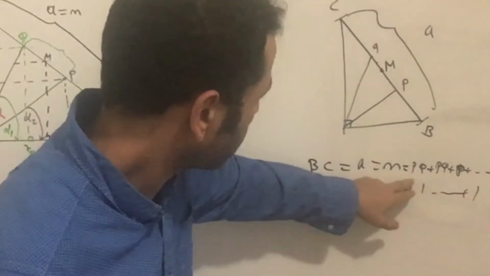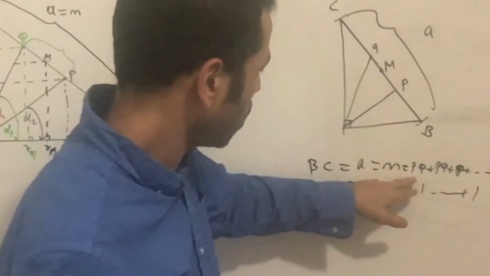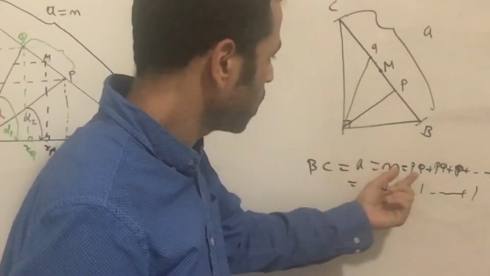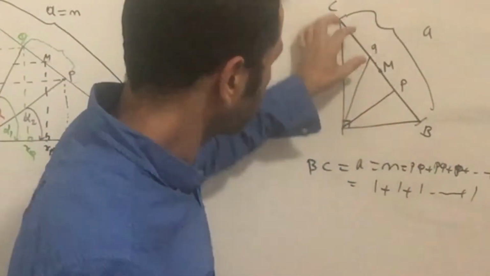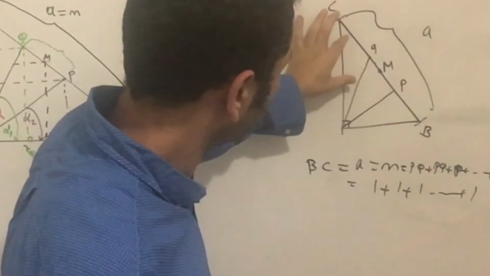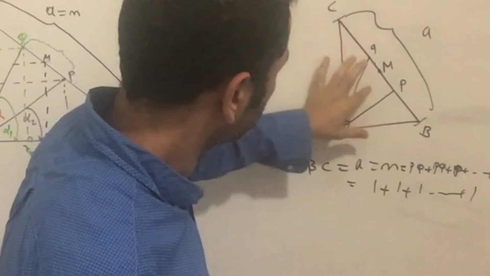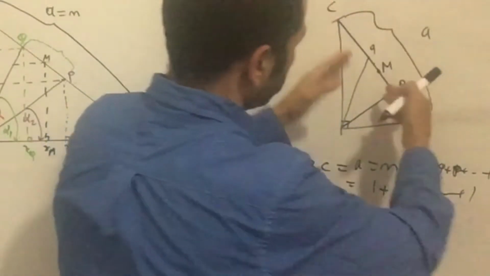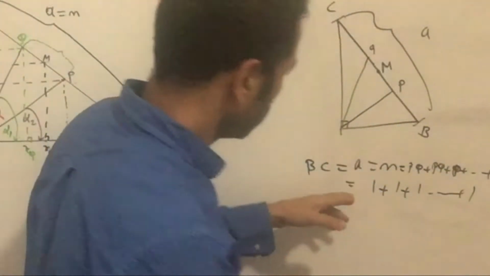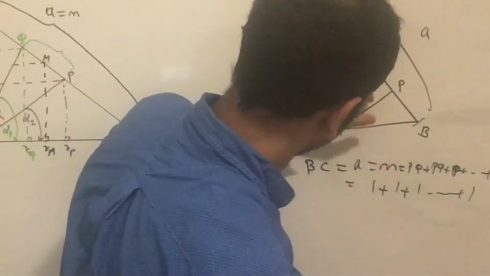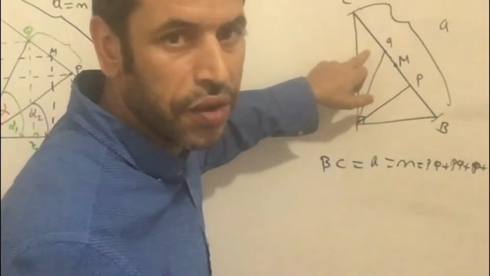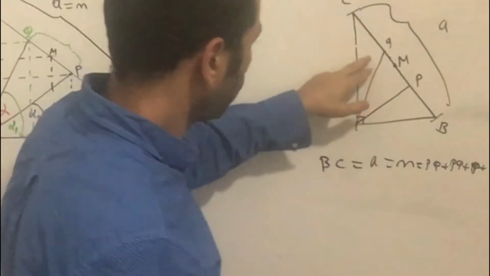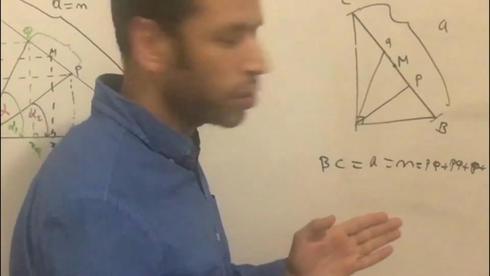Why equal 1? Because n equals 1 plus 1 plus 1 until the last term. PQ is a small distance, this small part, the whole distance divided by n. That means all these parts are equal to each other.